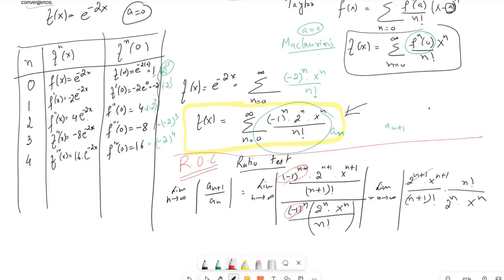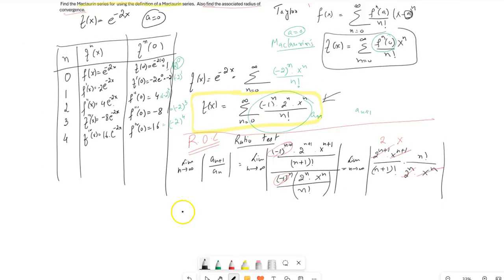This is n plus 1 factors of 2 and this is n factors of 2, so only one factor will be left. x to the power n divides x to the power n plus 1, so only one factor of x will be left. So we have the absolute value of x, because we do not know whether x is positive or negative, times 2 times n factorial divided by (n plus 1) factorial, which can be expanded as (n plus 1) times n factorial. So n factorial also cancels out.